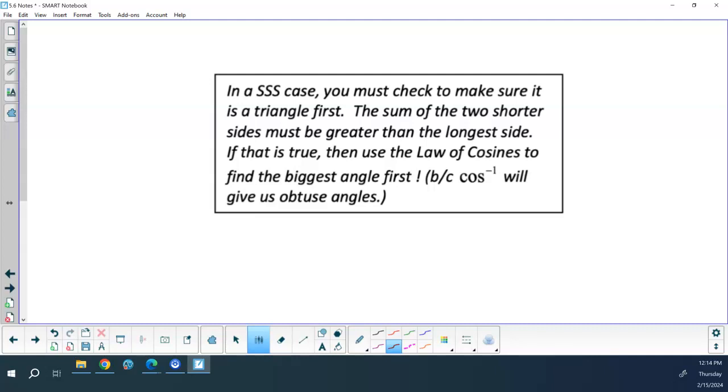If it is a triangle, then you can go on. If it's not a triangle, then you're done. You can't do anything because it doesn't make a triangle. So that's why checking if it is a triangle first is so important.